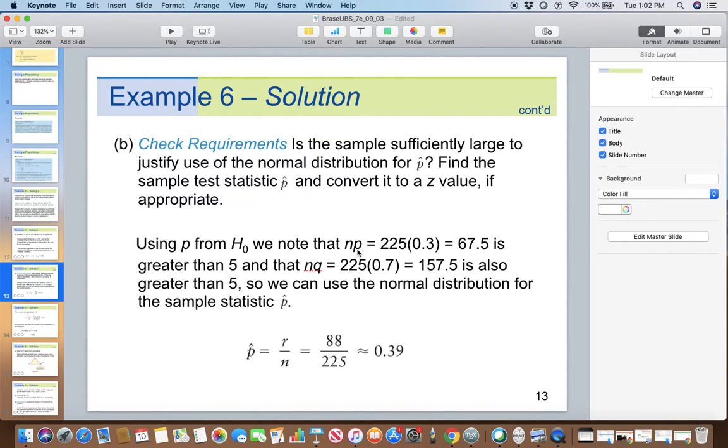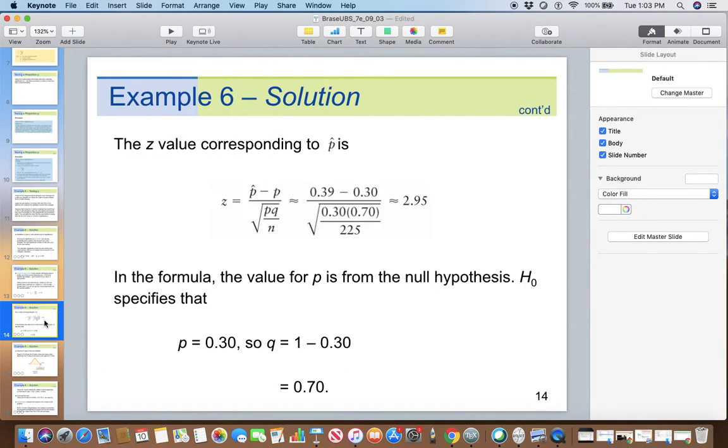Look for N times P. Is that greater than 5? Yes. N times Q. P is 0.3, so Q is 1 minus 0.3, that is 0.7. Is that bigger than 5? Yes. So now we can use our sample statistic P hat, that is R over N, that's approximately 0.39.